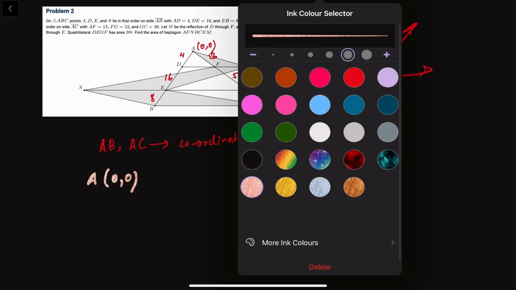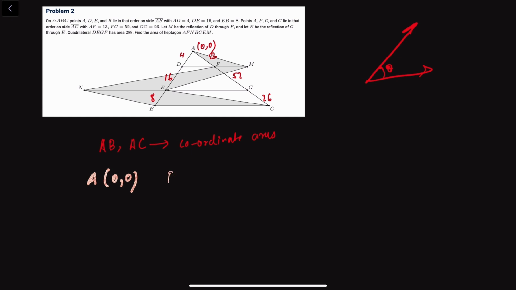Let's say AB and AC are my coordinate axes, which are at an inclined angle of theta. If A is the origin, B will be 28, 0.